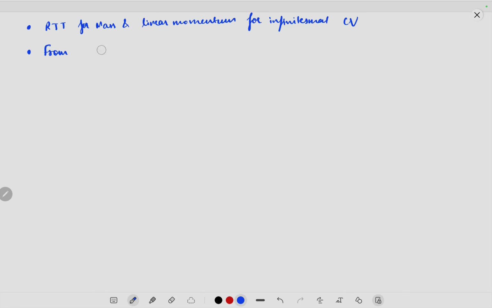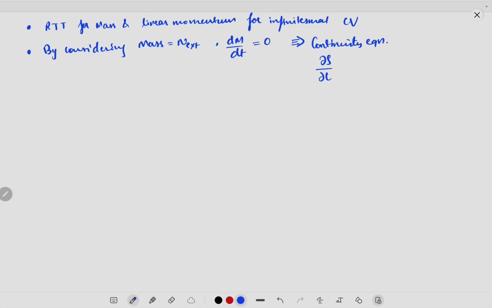By considering mass as the extensive property and conserving mass, since we are in the non-relativistic regime, we derived the continuity equation, which was given by this.